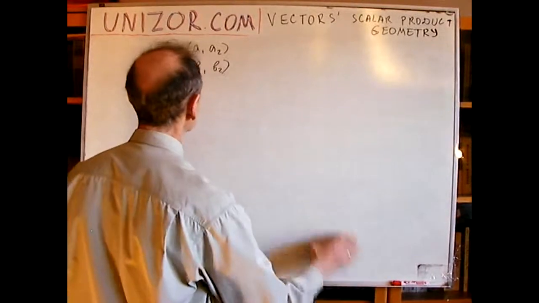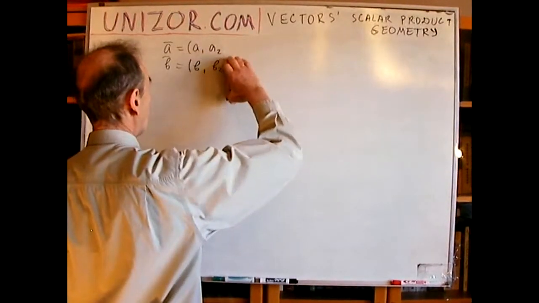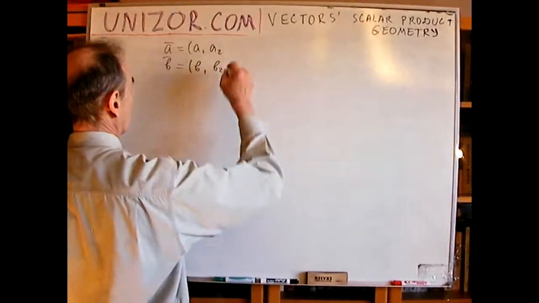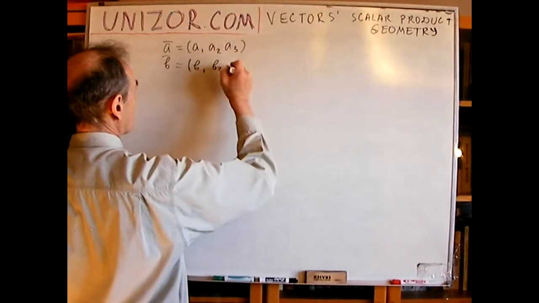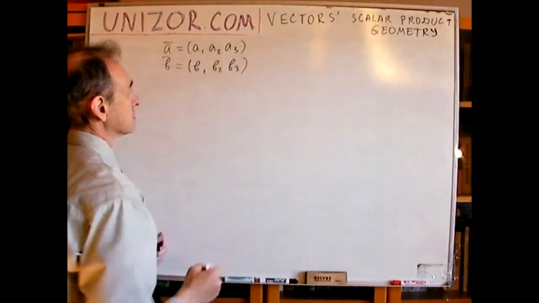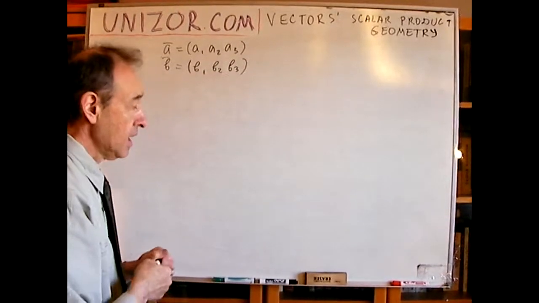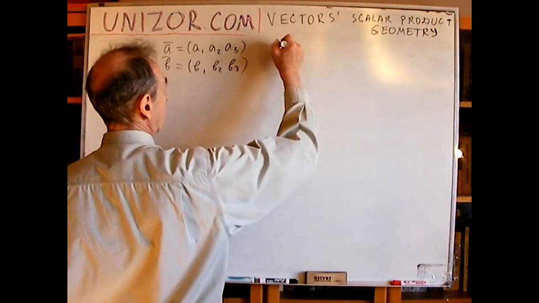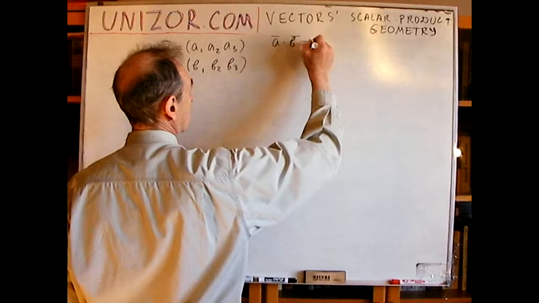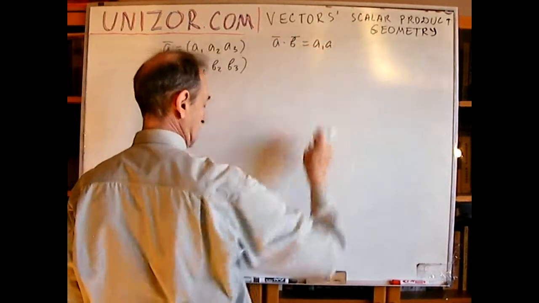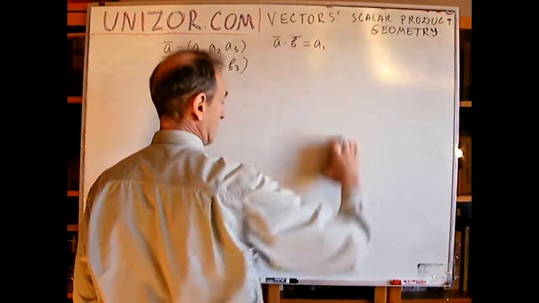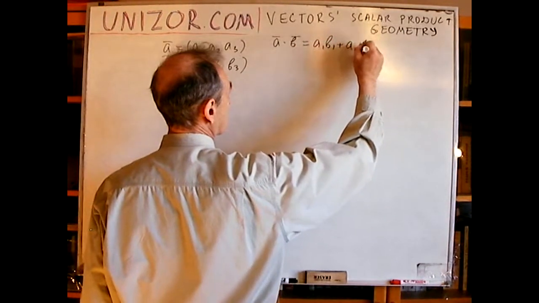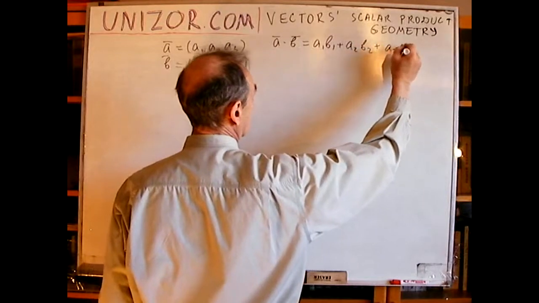I'll try not to lose my way around these three-dimensional coordinates. So it's three-dimensional coordinates, like this. Okay, we will do exactly the same. So first of all, I know that the scalar product is expressed as this formula using the coordinates.